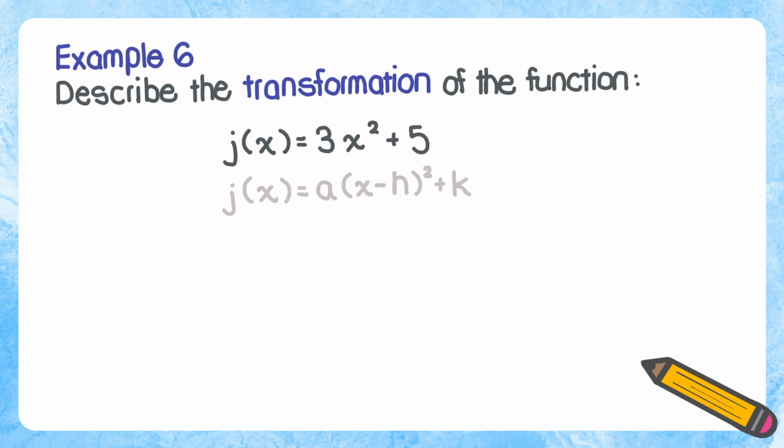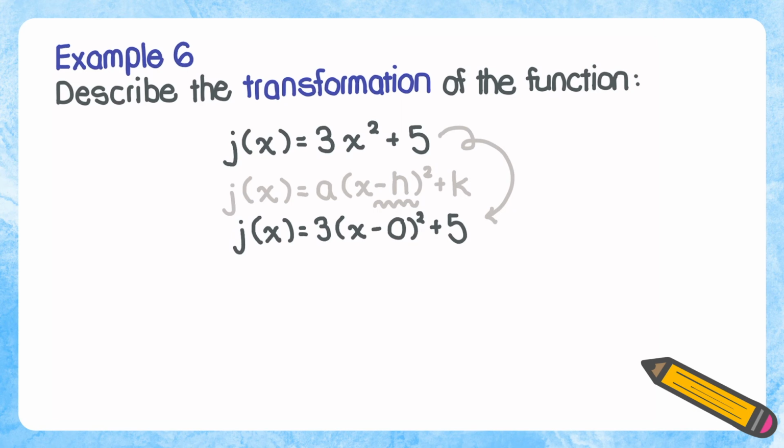Here we're missing our h parameter. We're missing this whole part. So let's rewrite this a little so it's easier to see. j(x) = 3(x - 0)² + 5. And I'm using 0 right here to symbolize the emptiness.